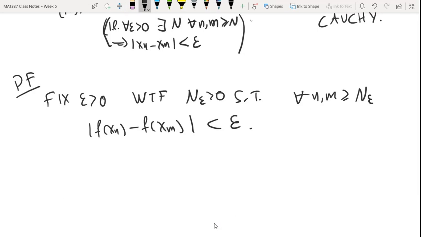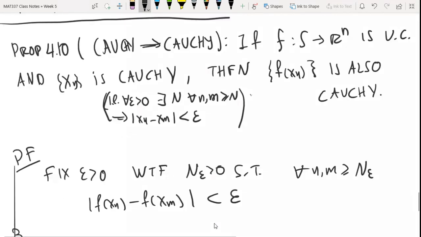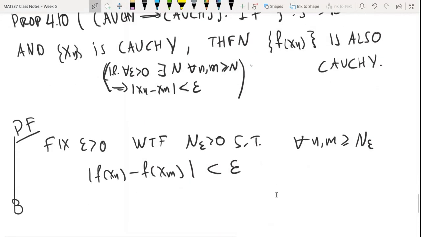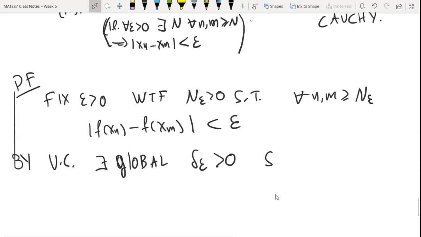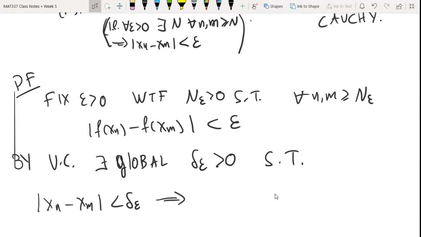So this is a very similar argument. We did this above. Okay. By UC, there exists a global delta epsilon such that xn minus xm less than delta epsilon implies f of xn minus f of xm is less than epsilon.